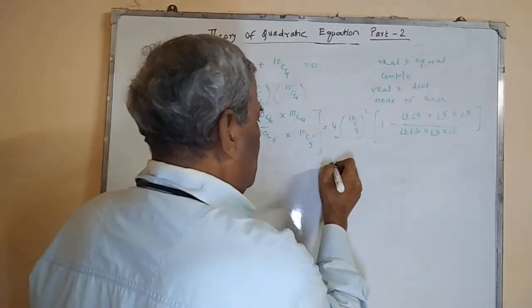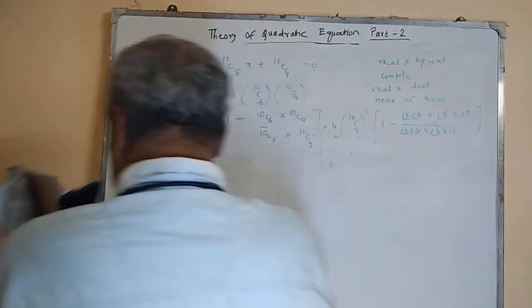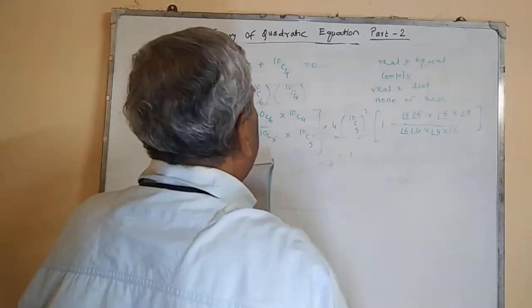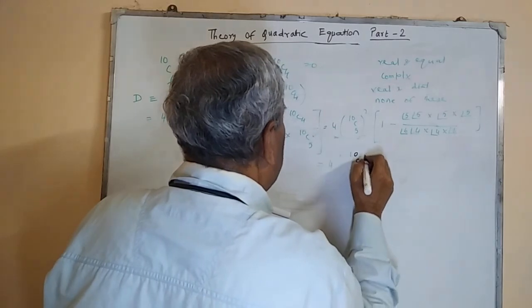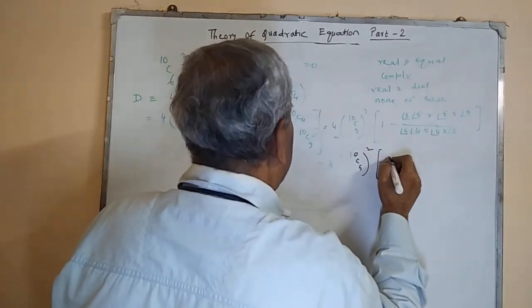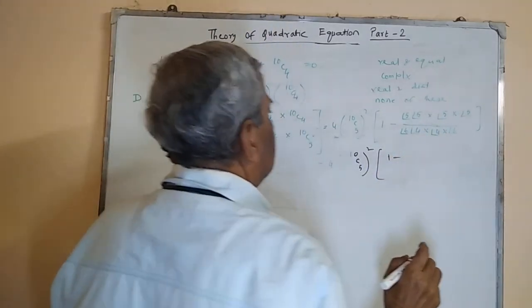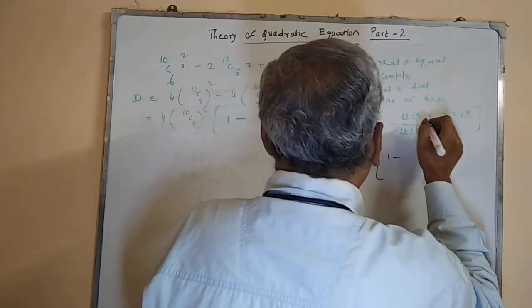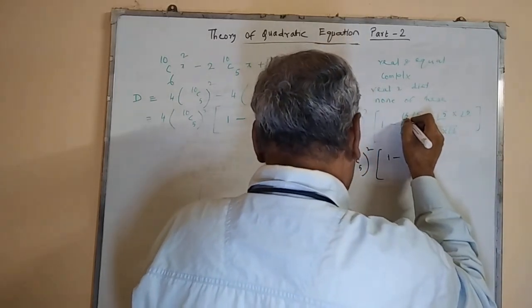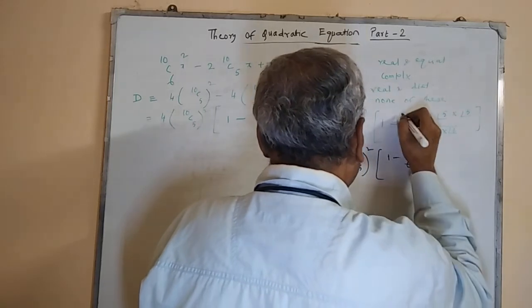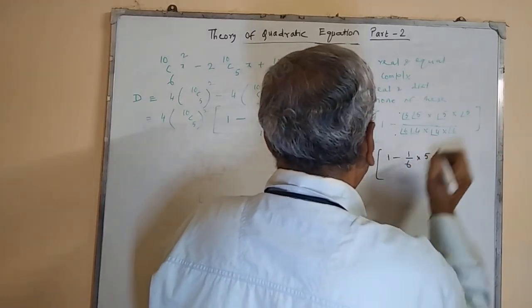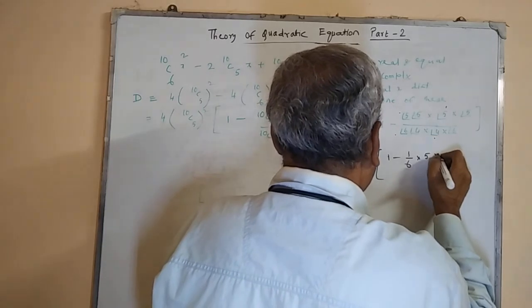So this is equal to 4 into 10C5 whole square into 1 minus, factorial 5 by factorial 6 is 1 by 6, this by that is 5, and this by that is 5.